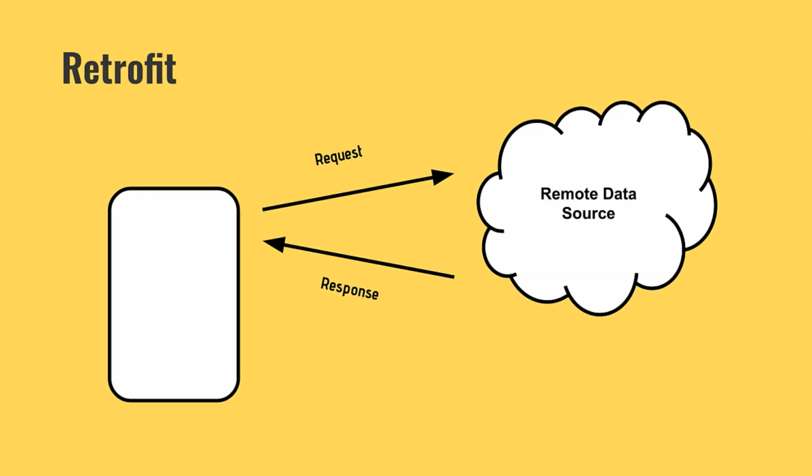So now back to our idea of loading remote data, and even what is a remote data source. A remote data source is really just any server out there, any type of mechanism that can serve out data to you. So that could be something like a server running on Amazon Web Services or Google Cloud Platform or Heroku.